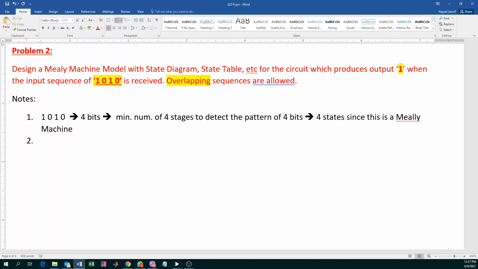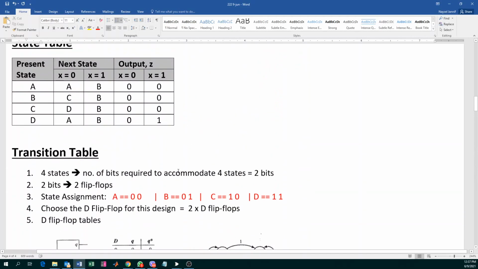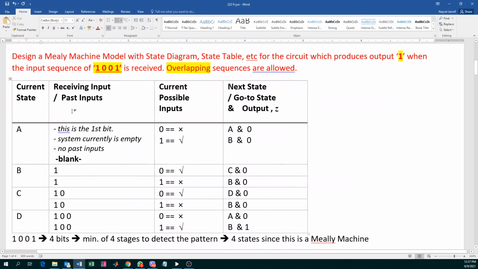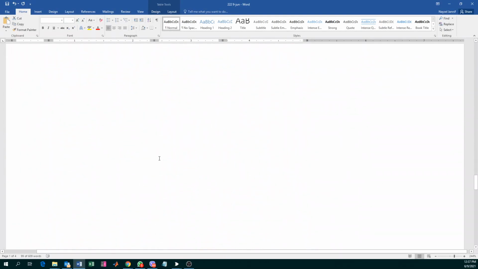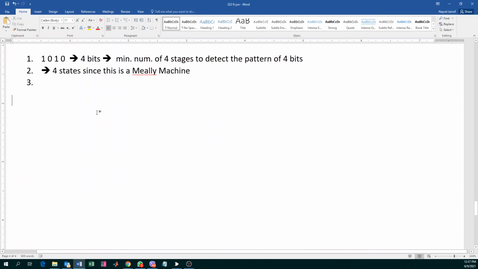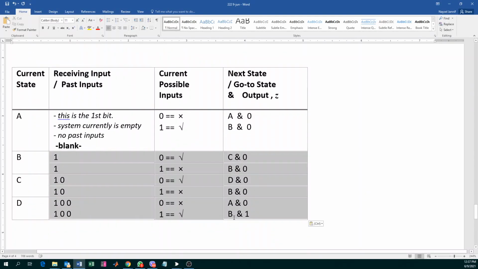Therefore you will have 4 states, since this is a Mealy machine. If this was a Moore machine, then you'd have a different scenario. All right, what else can we say? Okay, so let's draw up our table. This is just our working table.